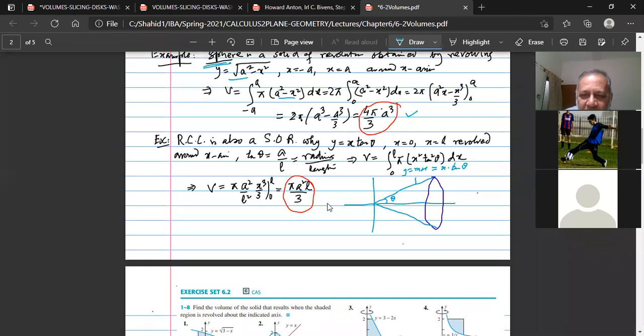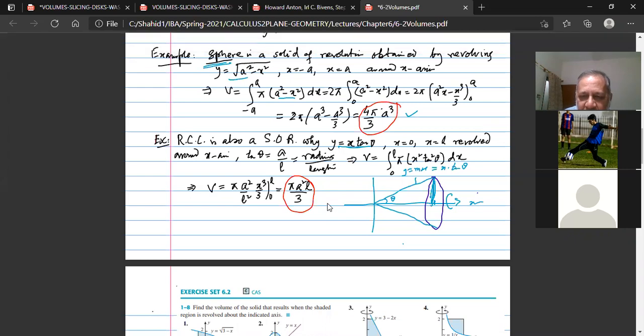So now it's a problem of revolving this line around the x-axis between x is equal to 0 and x is equal to L, the length of the right circular cone. So y squared means x squared tangent squared. Now what is tangent theta?